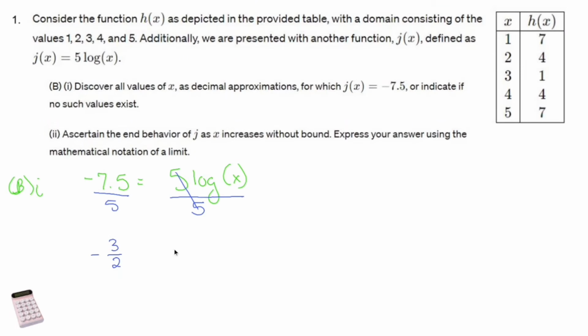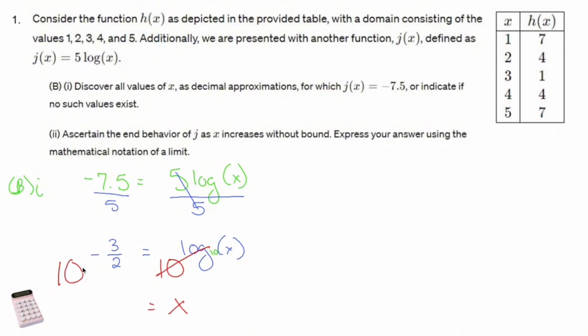You can write that out as negative 1.5, but I'm just going to keep on going. That's going to equal log of x. Again, log of x means invisible base 10. If I want to get x all by itself, I can take 10 to the power of both sides. Bad grammar? Absolutely. You could just write this out in exponential form, but I prefer doing it this way.